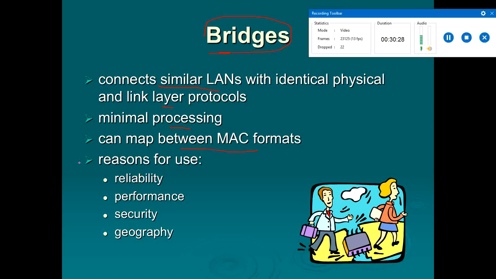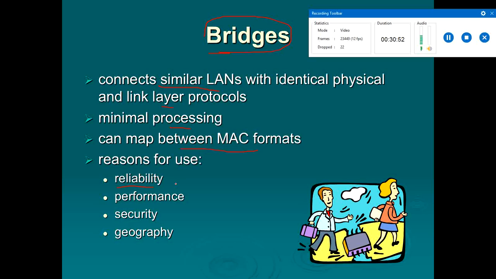So there are several reasons to use a bridge to connect multiple LANs together, and the first reason is reliability. The danger in connecting all data processing devices in an organization to one network is that if there is a fault on the network, it may disrupt the communication for all the devices.